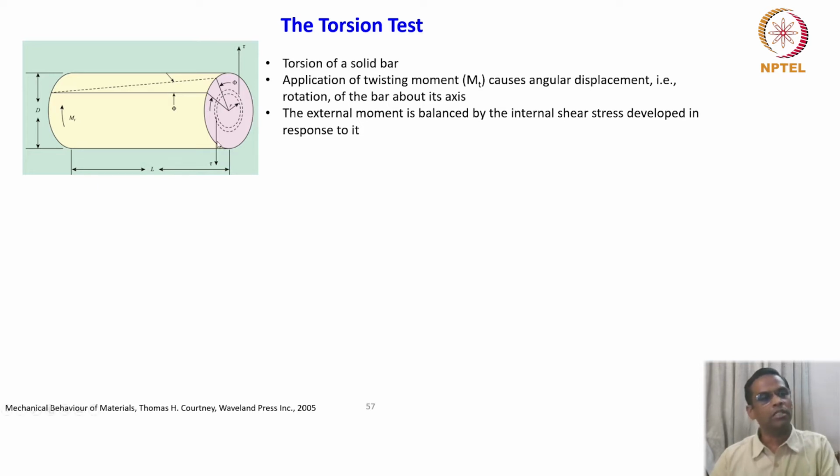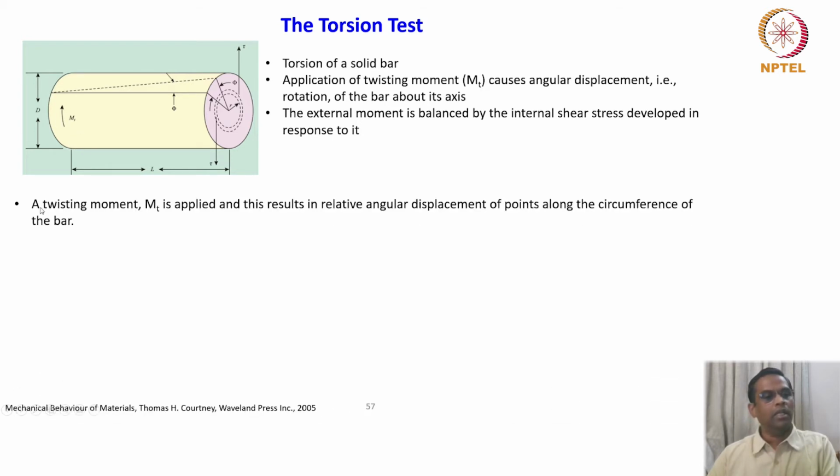So now we look at this diagram a little closely. A twisting moment MT is applied, and this results in relative angular displacement of points along the circumference of the body. So this angular displacement occurs in the circumference of the bar.